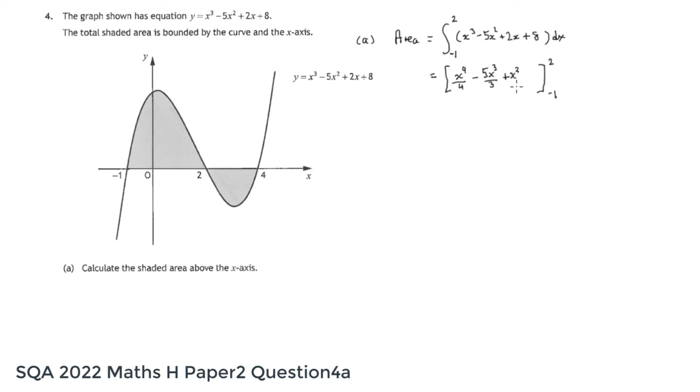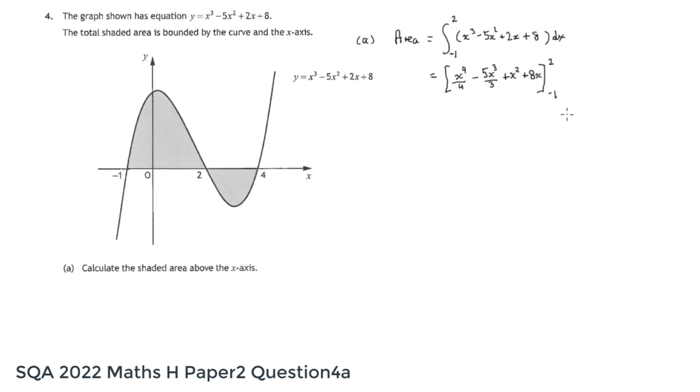You check by differentiating back. If you differentiate x squared, you do get 2x, plus the integrated constant, you get 8 times x. If you differentiate back, 8x differentiated gives you 8.